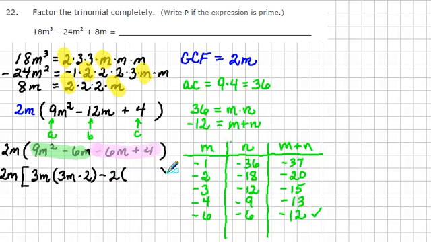Put a set of parentheses, and inside that parentheses put the remaining factors. When we take minus 6m and divide by minus 2, we end up with 3m. And when we take 4 and divide by negative 2, we get minus 2.